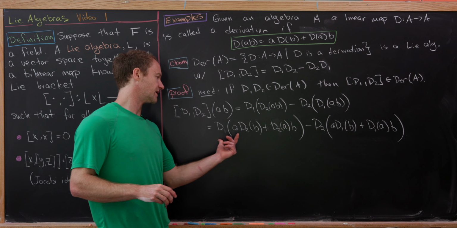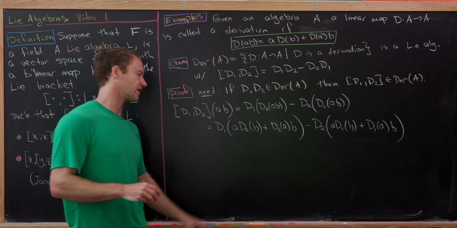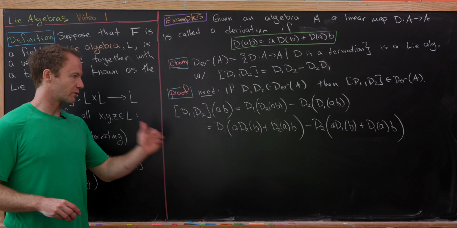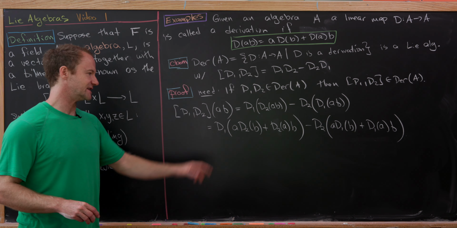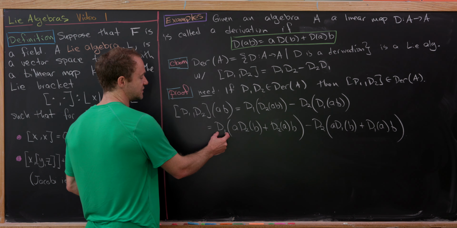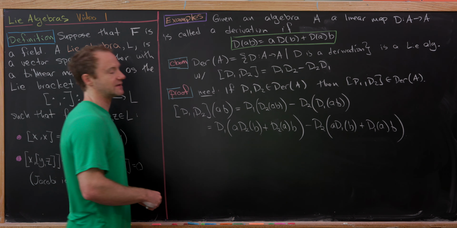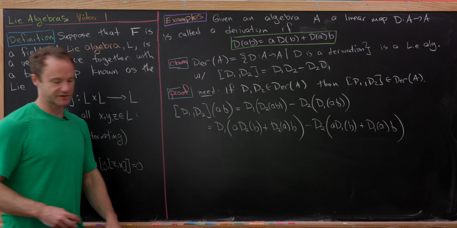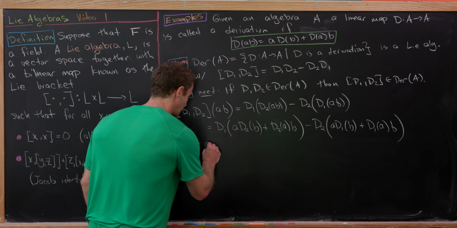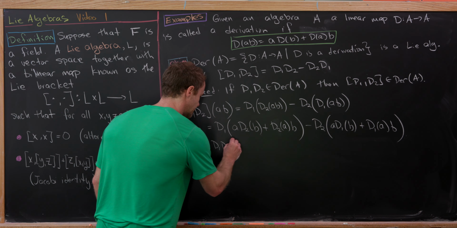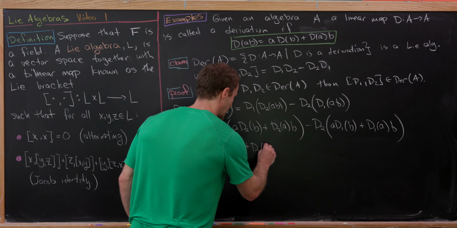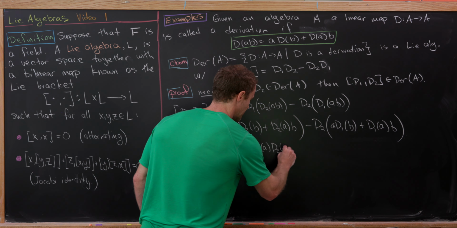But we can use the fact that we have linearity here to split up the plus. And maybe while we do that, we're going to apply the fact that d1 and d2 are derivations again. So we'll need to do d1 acting on A times d2B, and so on and so forth. So let's see what that leaves us with. That'll leave us with A d1 d2B plus d1A d2B.